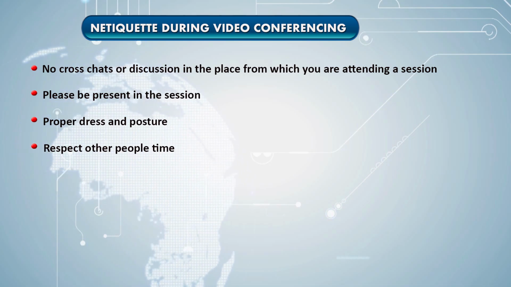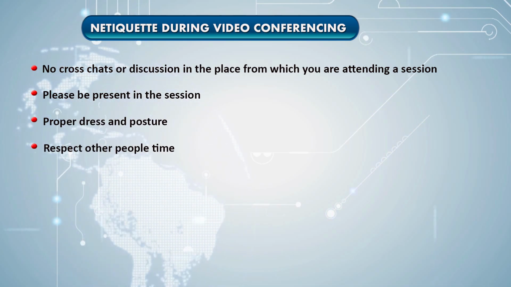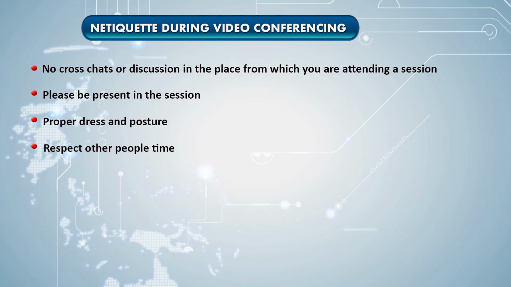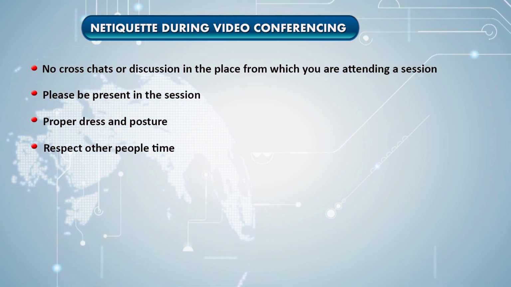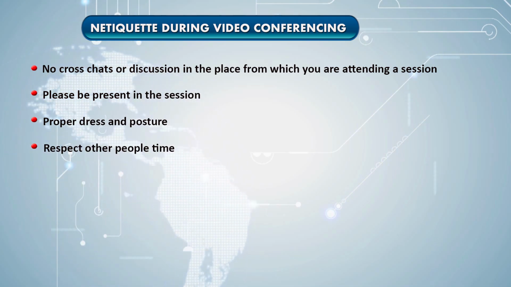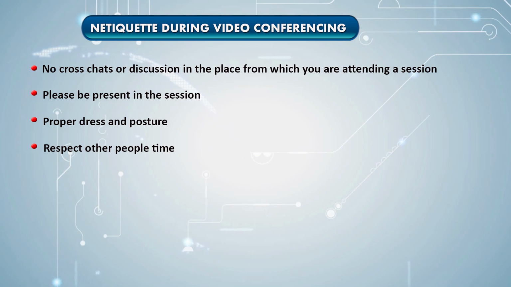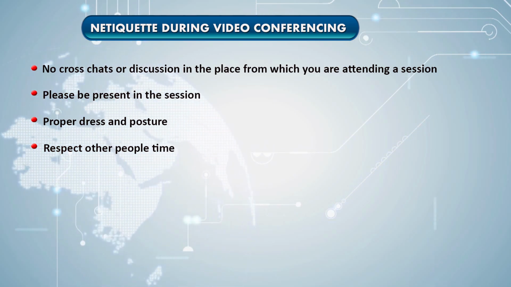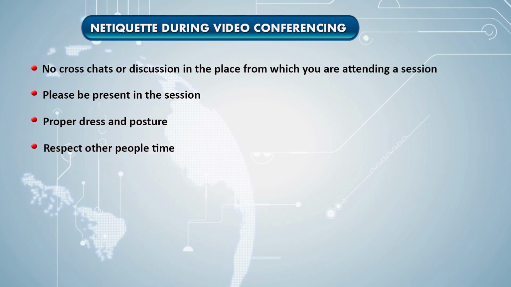When we are dealing with online systems, these times are short, right? We have limited time and we should respect everybody else's time. So time is going to be one of the most essential, as well as our netiquettes, are going to be one of the most essential features while discussing our video conferencing sessions.